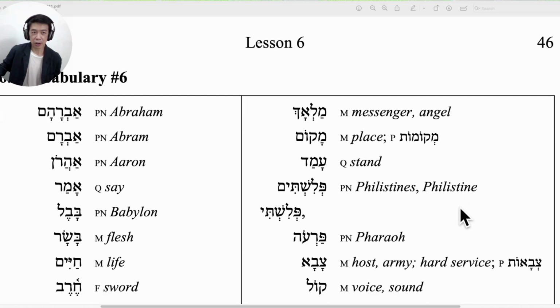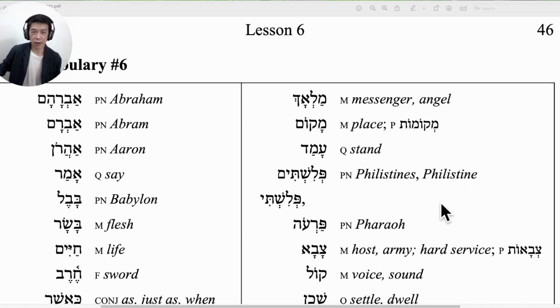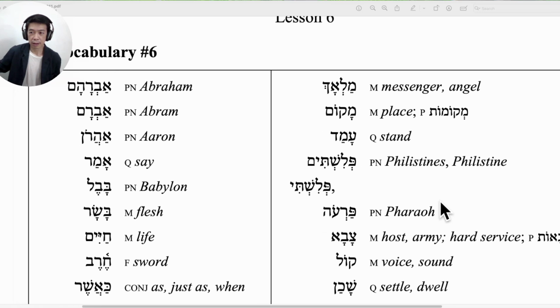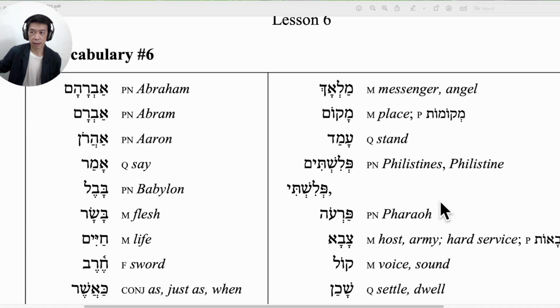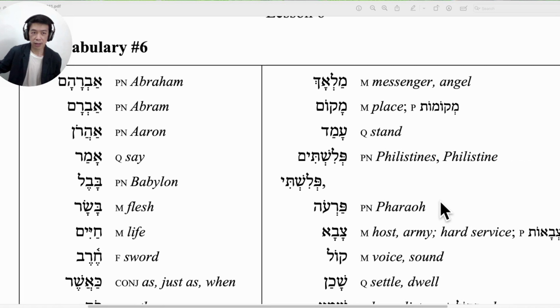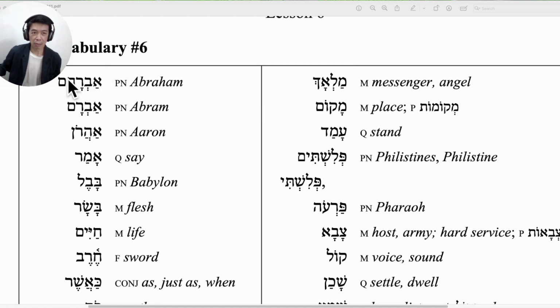So finally, let's take a look at some useful vocabulary. The first word is Avraham, meaning Abraham.